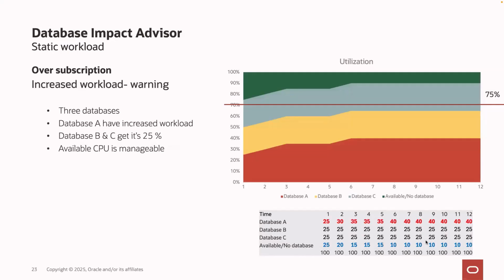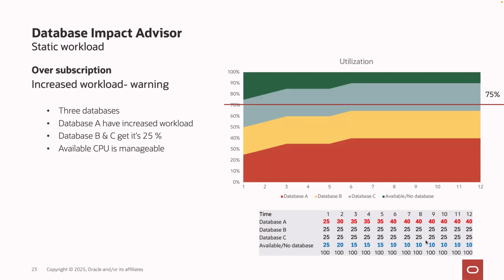But if we're looking at our databases, one of the databases here is database A. It starts to increase the workload. As long as we still have available resources, that means this database will get its resources up to 40% here.